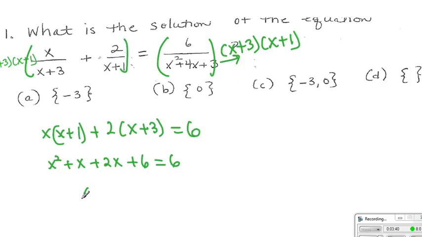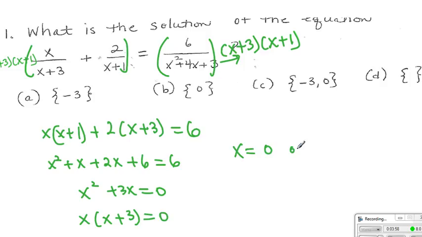This simplifies into x squared plus 3x equals 0 by subtracting 6 from both sides. When you factor out x, we get x times x plus 3 equal to 0, where x will be 0 or negative 3.